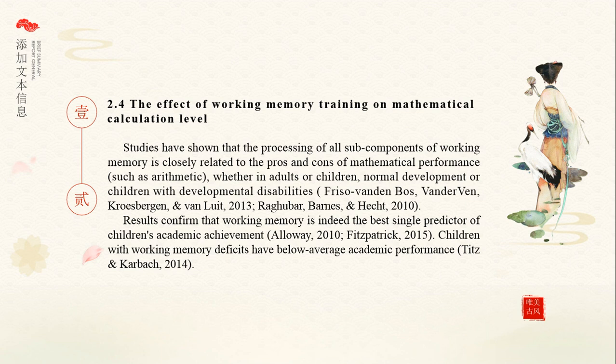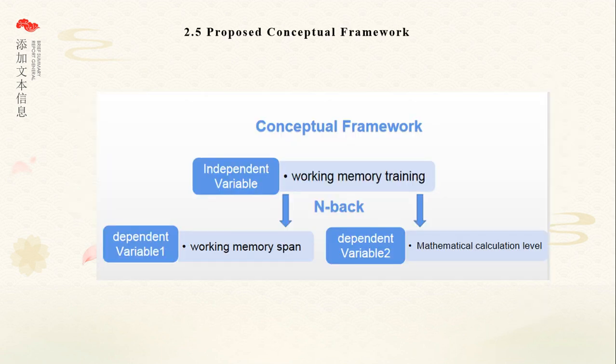Results confirm that working memory is indeed the best single predictor of children's academic achievements. Children with working memory deficits have below average academic performance.